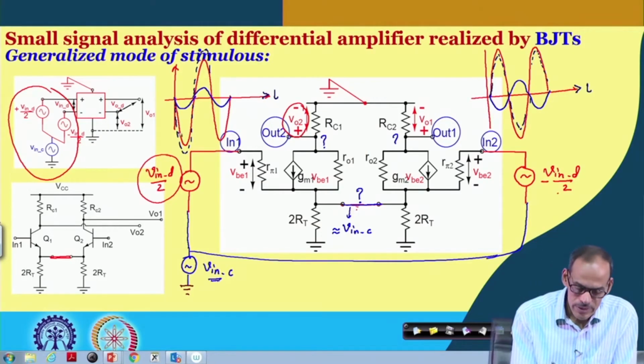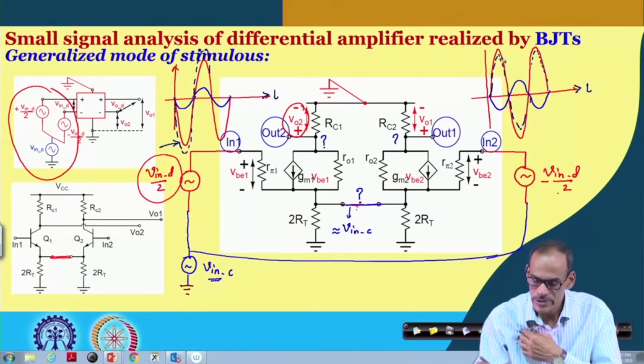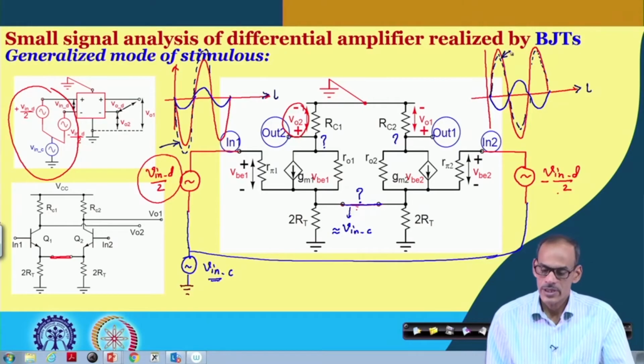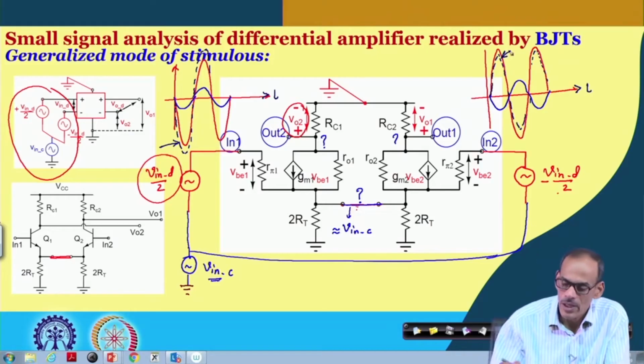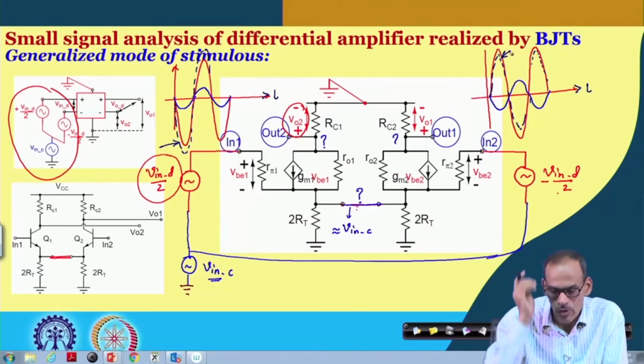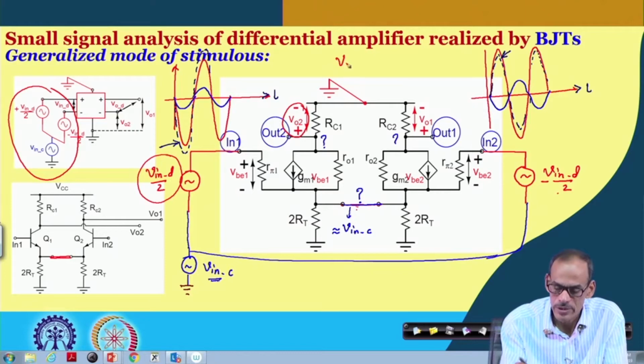So, you can see that this amplitude is slightly higher because the common mode component is coming there, and this signal is slightly less than the red color. So, we can say that at the output both differential as well as common mode parts are present.